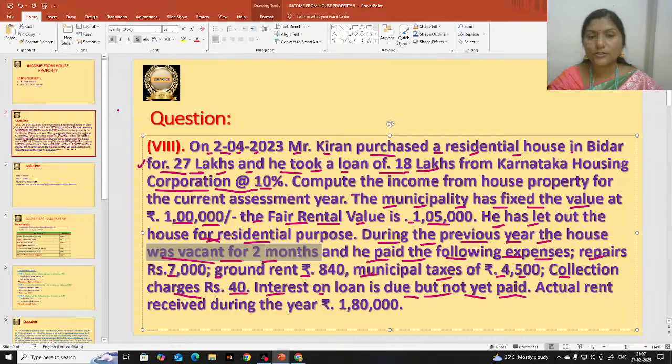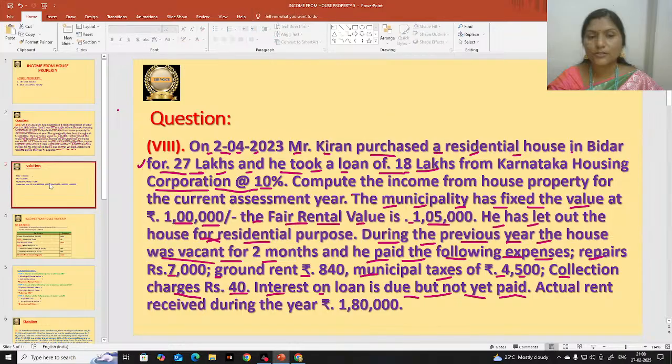Then how many months rent did the assessee receive? Only 10 months rent during the previous year. 1,80,000 is 10 months rent. Hope this is clear for everyone.